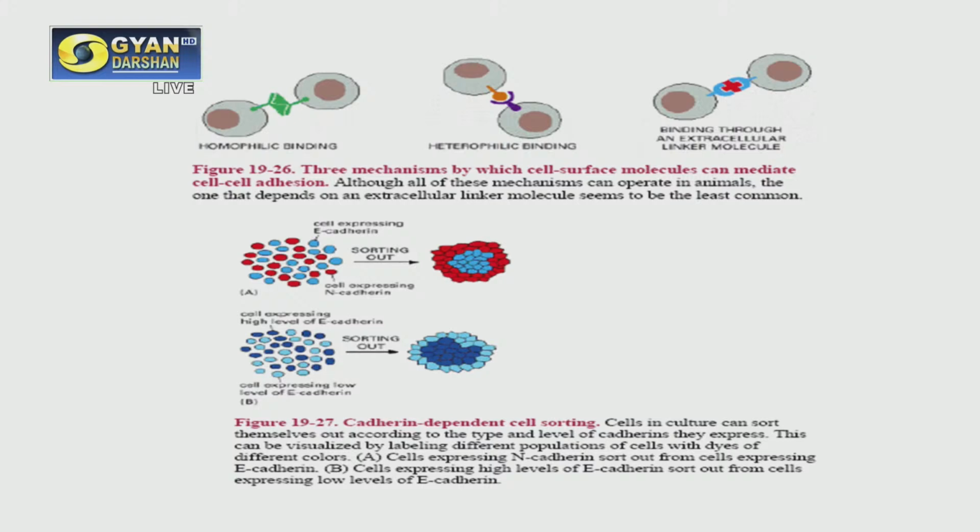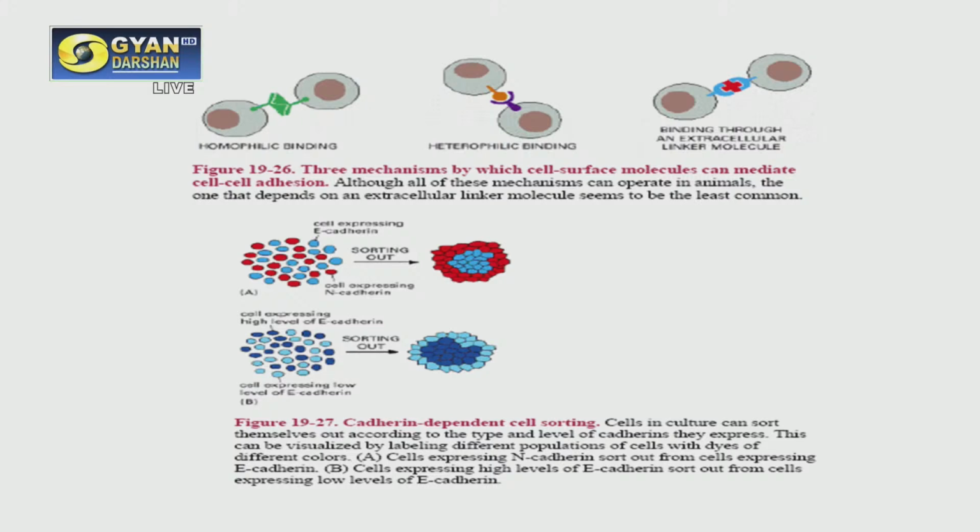And in the next figure, it has been shown what I discussed as cadherin-dependent cell sorting. I just repeat once more that if you have an aggregation of different kinds of cells, the cells have the property where they can sort out according to the type and level of cadherin.